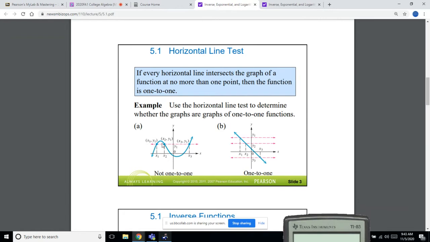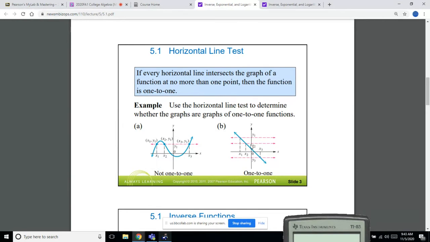In other words, this graph does not have an inverse. If we take a look at example B and apply the horizontal line test, notice they actually applied the horizontal line test 3 times. If you look at the y sub 1 horizontal line, notice that it intersects at no more than one point.